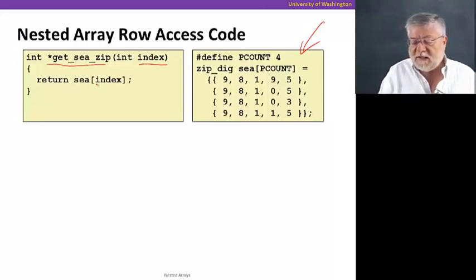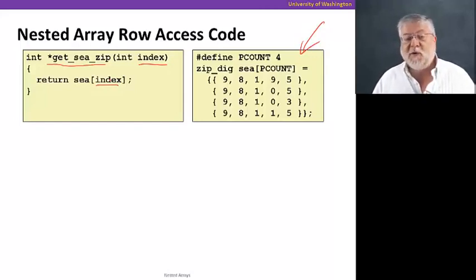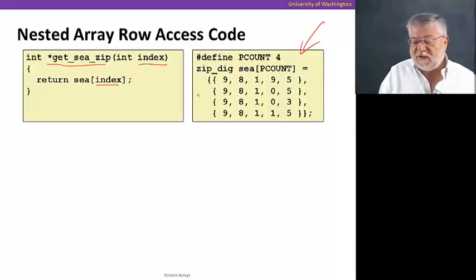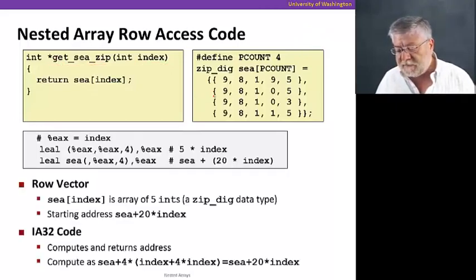What it does is return the pointer to the starting address of the zip code at that index. So if we ask for the 0th zip code, we would return the starting address. If we ask for the first zip code, the second element at index 1, we would return the starting address of the second row, and so on.